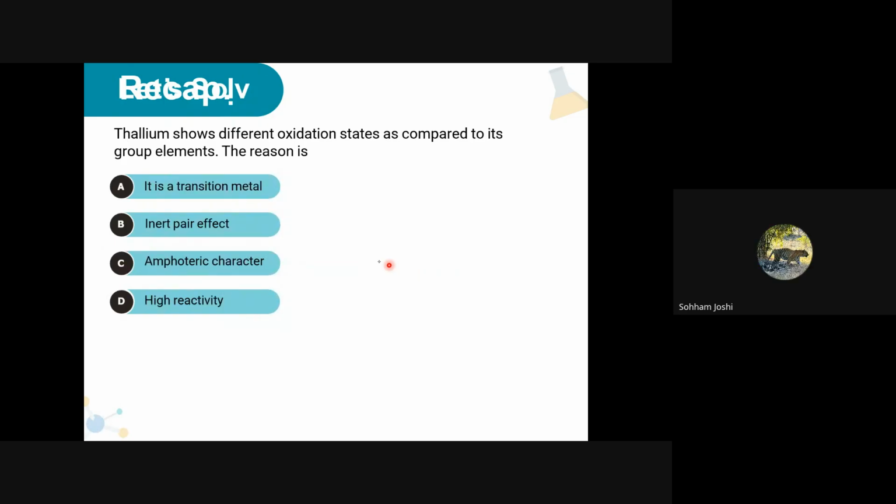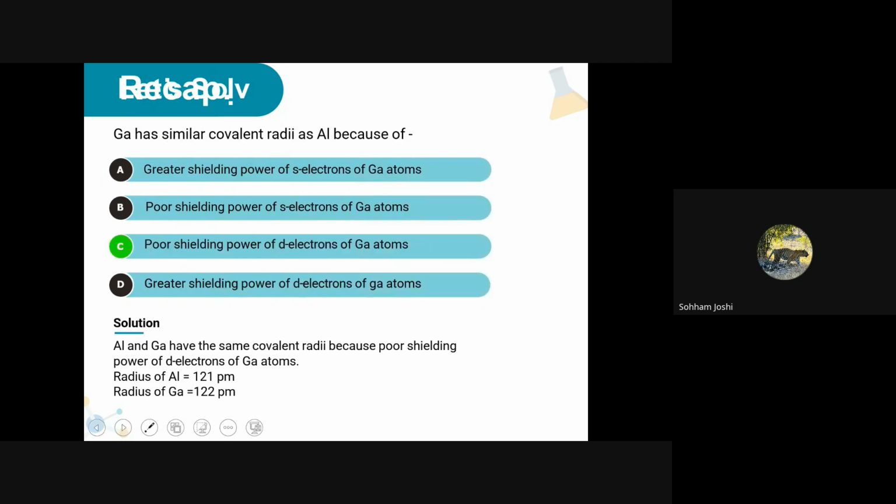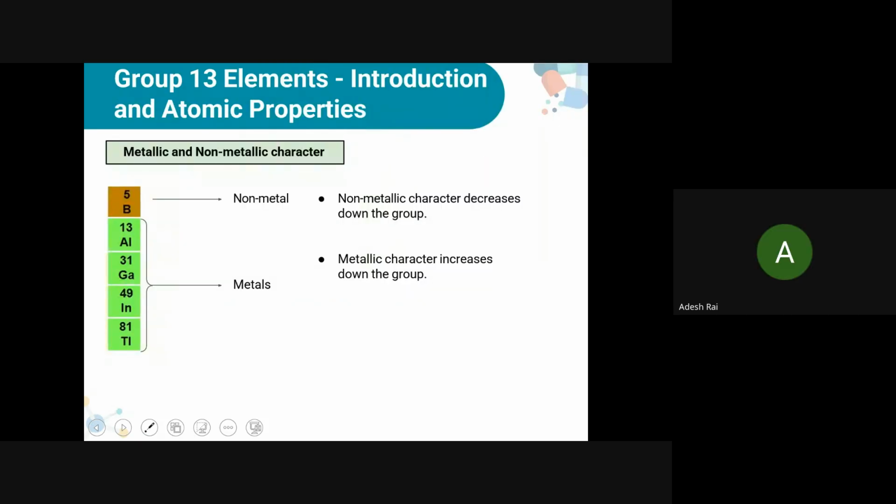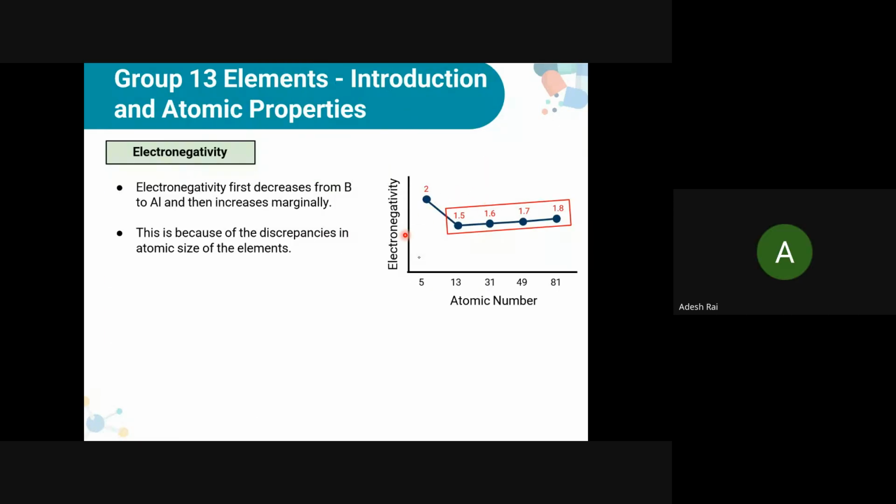Sir, in the previous slide it said that metallic character increases down the group, right? But we had said that electronegativity also increases down the group. So isn't electronegativity linked to non-metallic character? No, electronegativity decreases, not increases. From aluminum to thallium, yes, that's what I'm saying. See what I said: in the case of the boron family you will see this exception.